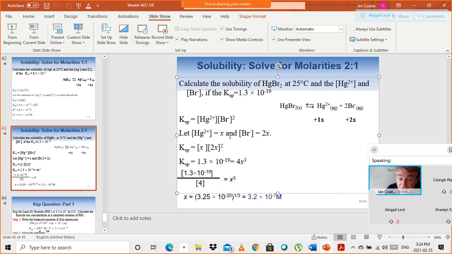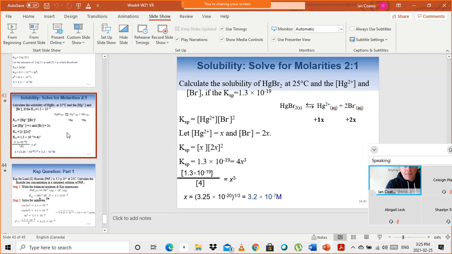So then you let X represent everything, and you end up getting 4X cubed because 2X all squared, 2 times 2 is 4, X times X is X squared. So this whole thing turns into 4X squared. And multiply by another X gives you 4X cubed. And you'll see that number a lot.